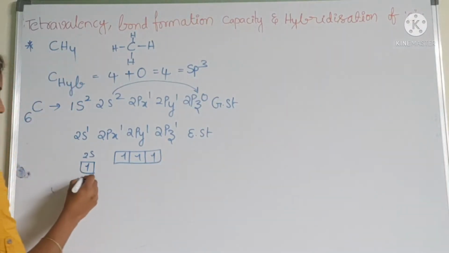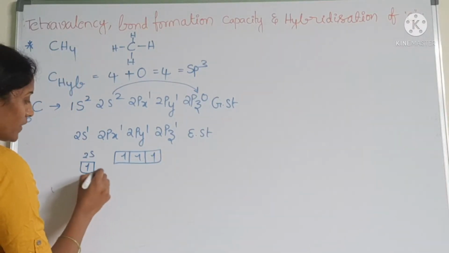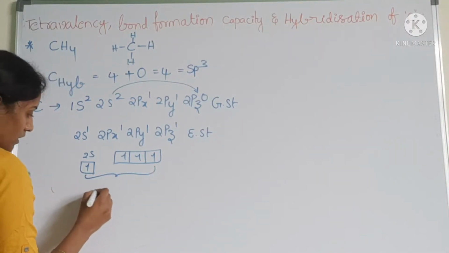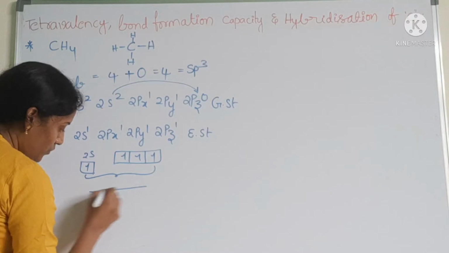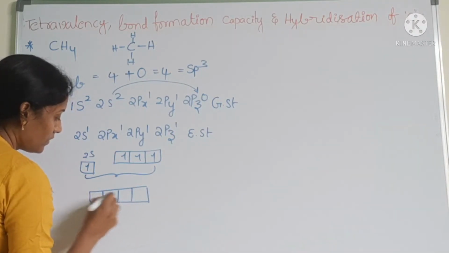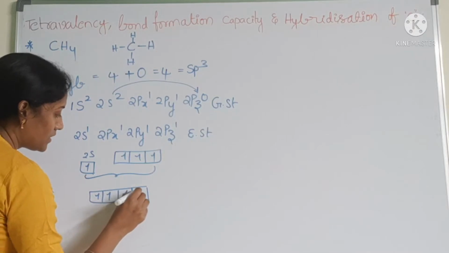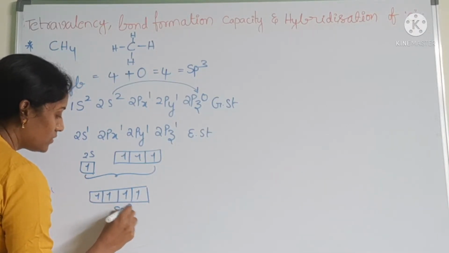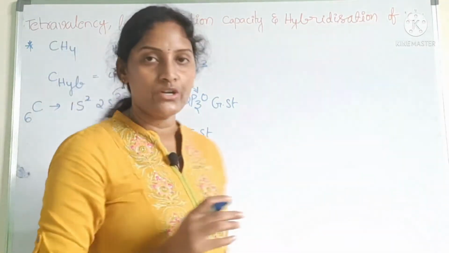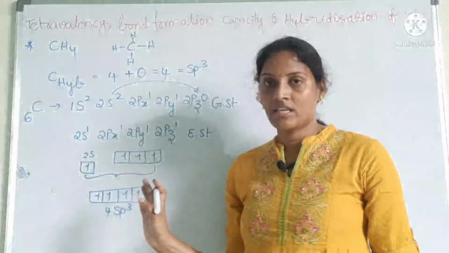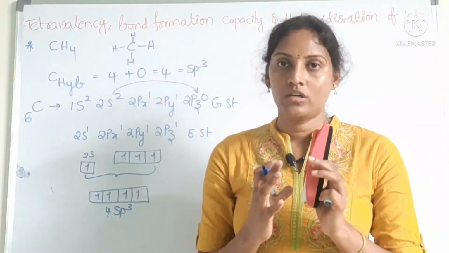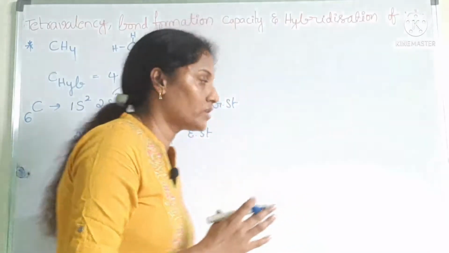Each one has one electron. To equalize this one, 1s and 3p are going to be involved in redistribution. Then they will form 4 sp3 hybrid orbitals. See, now 4 sp3 hybrid orbitals with single electrons are ready to be involved in bond formation.